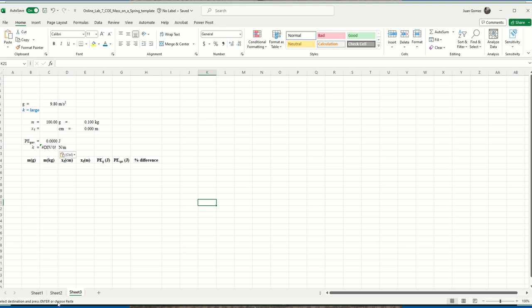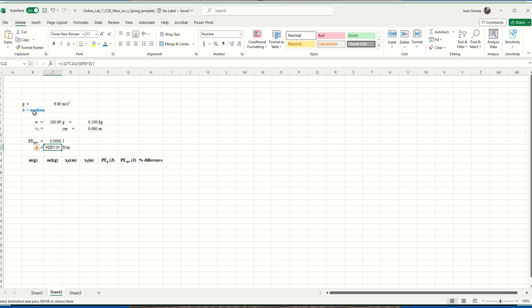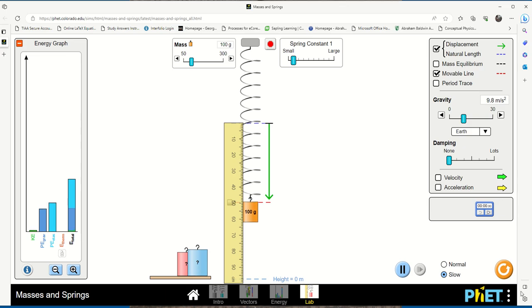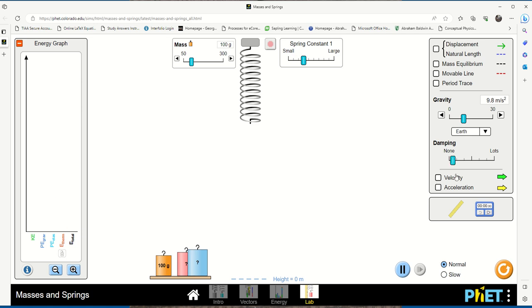So that's all. For example, for sheet 2 with the medium K value, I'm going to reset the simulation. Remember, kill the damping, make sure it's 0. You want displacement, movable line. For the medium K value, either of these two locations is fine.